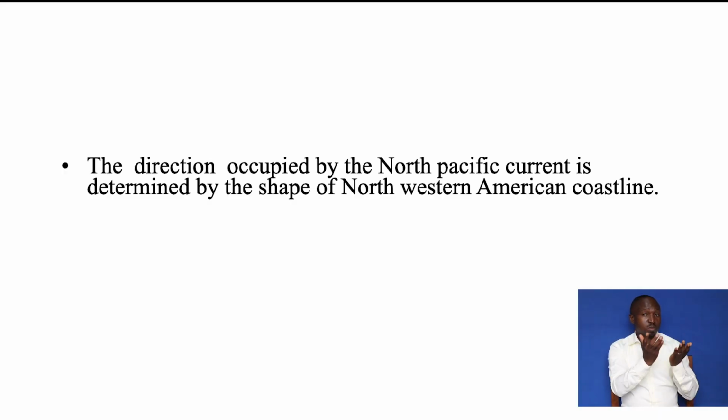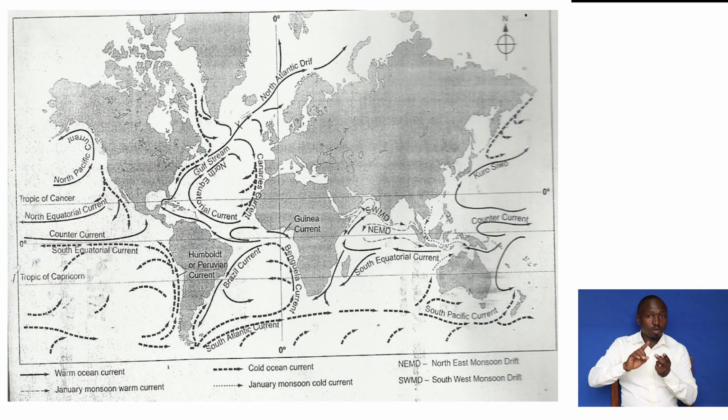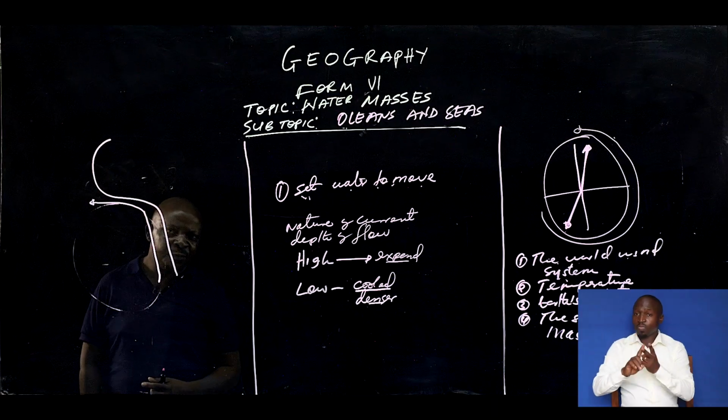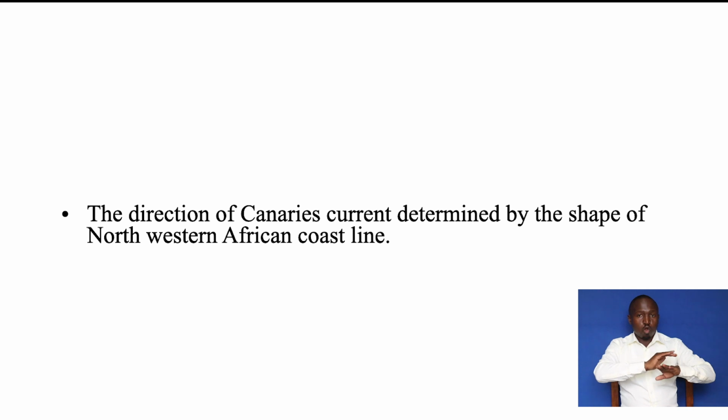1, the direction occupied by the North Pacific current, as you can look on the world map showing ocean currents, is determined by the shape of the northwestern American coastline. Another example, the direction of the Canaries current is determined by the shape of the northwestern African coastline.